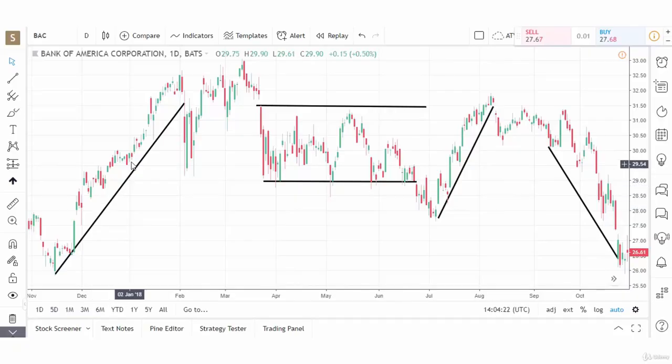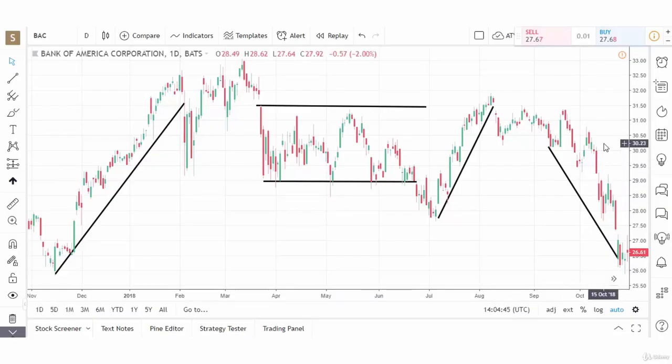At the beginning of the chart, we have an uptrend as the stock moves from $26 or so to around $32.50. A consolidation pattern as the stock moves from $31.50 to $29. The prices are all shown on the right-hand side of the chart here.